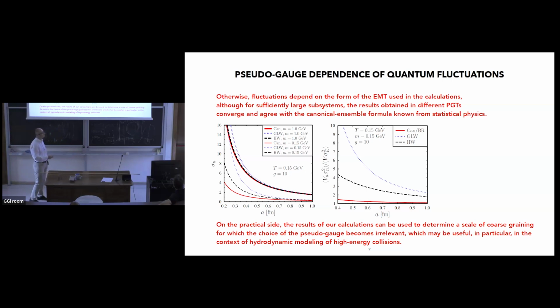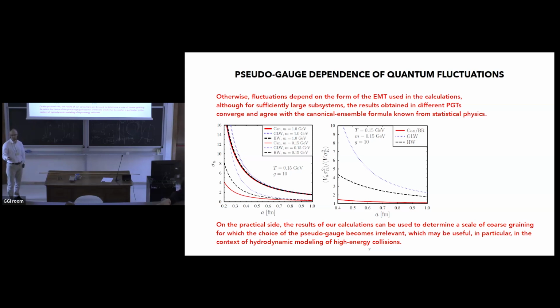And what is nice is, of course, when you go to large systems, this all goes to the usual statistical definitions from kinetic theory. And if the masses are large, so basically you have a non-relativistic system, then they also start to agree. So something that you would expect, but the problem is the scale in here.